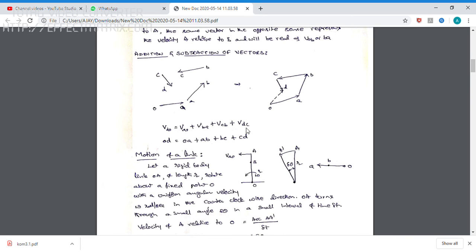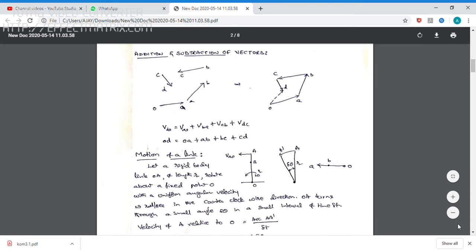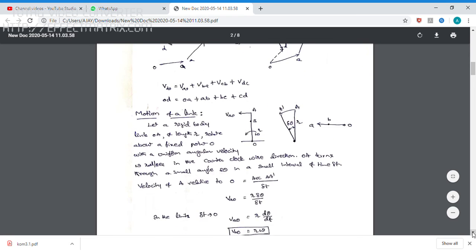Both are equal. Specifically here we are mentioning the velocity, and in vector manner we are specifying that element. Both are the same. In this way we will add one element with another element and find the relative velocity of any one of the links with respect to the adjacent or next fixed element. Like that we will add one element with another element.